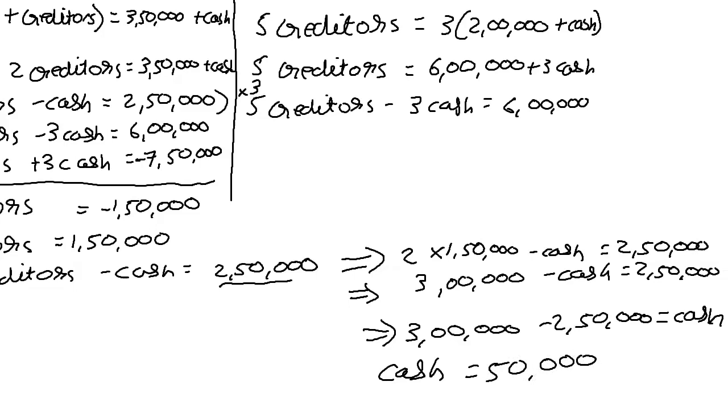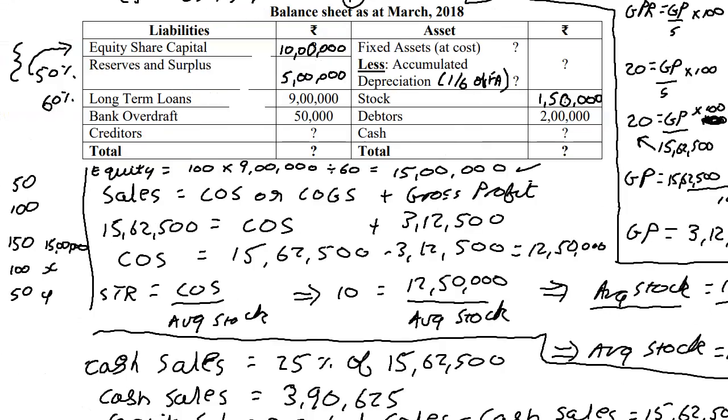So we have creditors 1,50,000, cash 50,000, right? Cash 50,000, creditors 1,50,000. And if you notice, the liability side is now complete, so we can find the total.